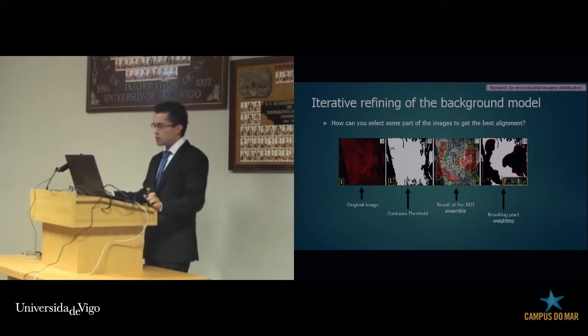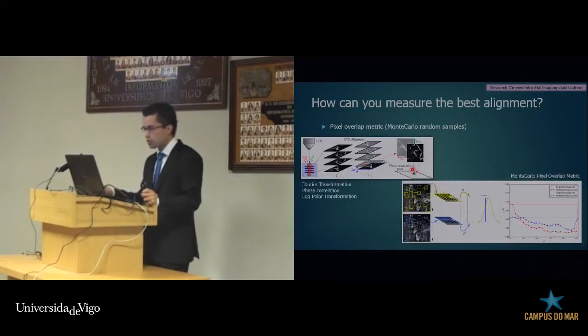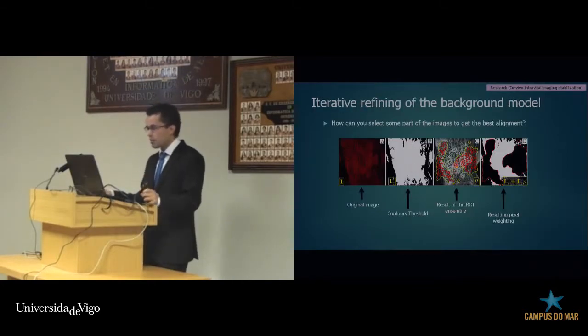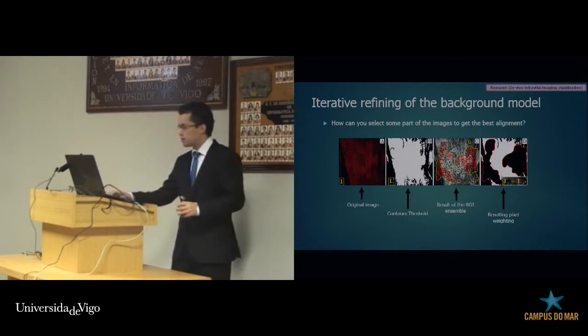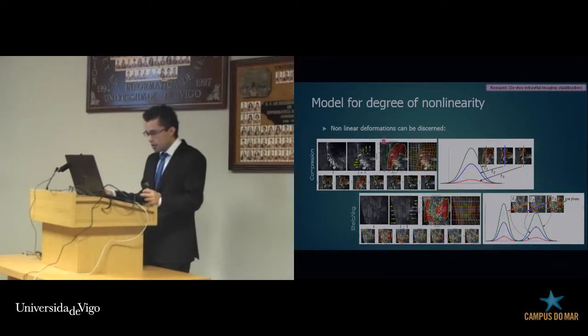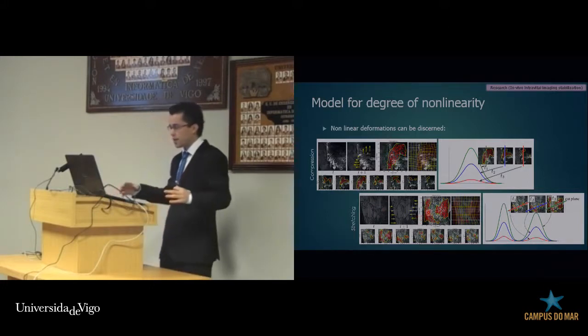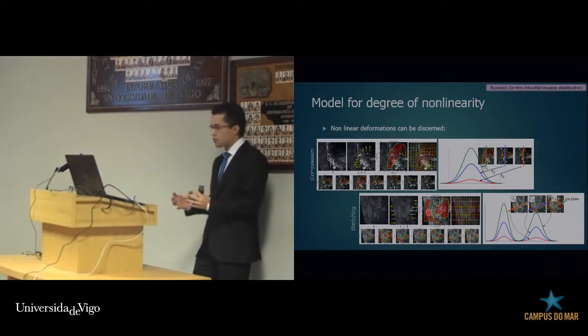But then you can use these random samples to select the part of the images that you want to use. This point is only the center of a random sample. Here you can see, for example, the original image. This is the next frame, and you can see very well that the tissue is stretching a lot.